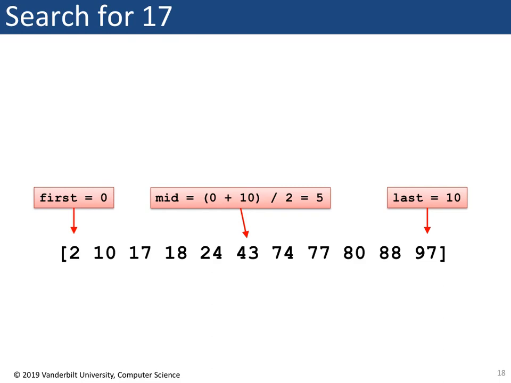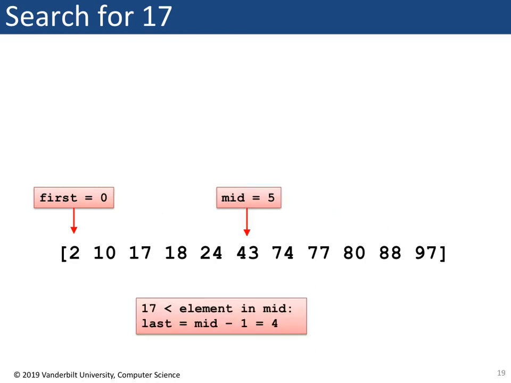So right now we've not eliminated any parts of this array. So all of this array is a possible location for the number 17 as far as our algorithm is concerned. So we search the middle of our possible range, and we find that the number we're looking for, 17, is less than the element in location 5, which is the middle of our possible range.